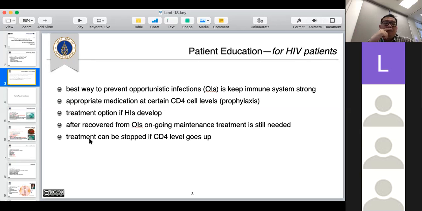And for treatment, if OI develops, after recovery you need to maintain the treatment for a while until the CD4 is back to the general level. General level, not that of a healthy person, but the general level of an HIV patient.